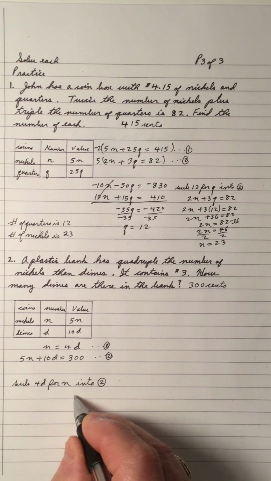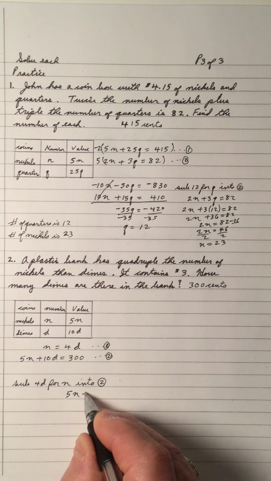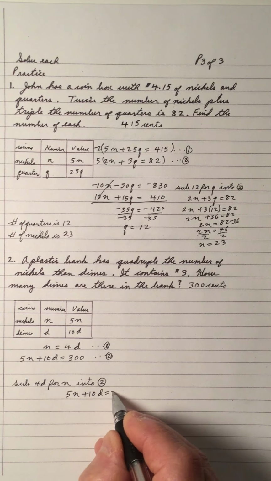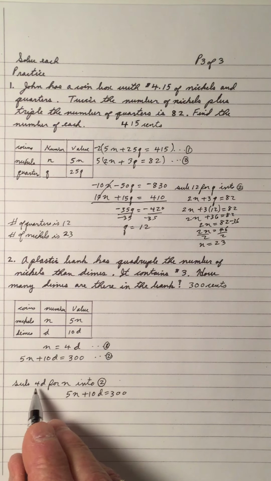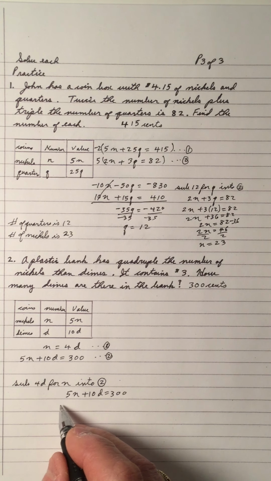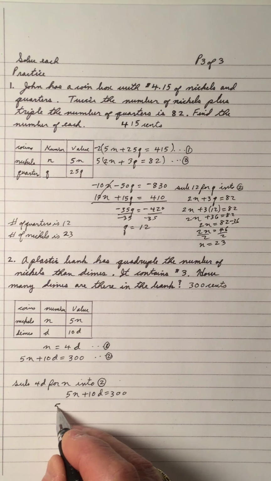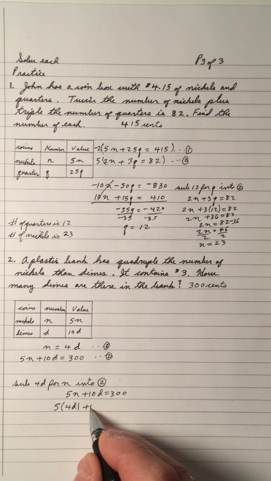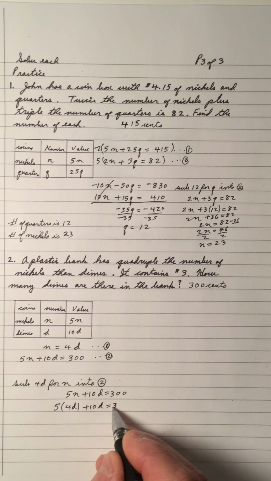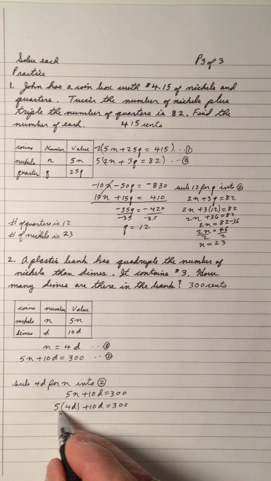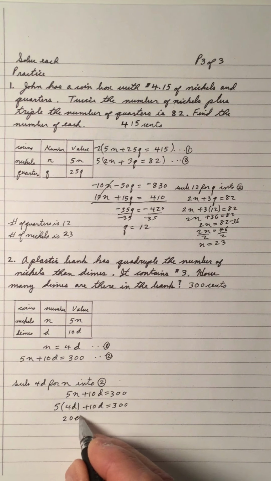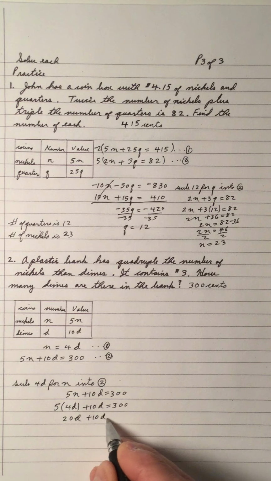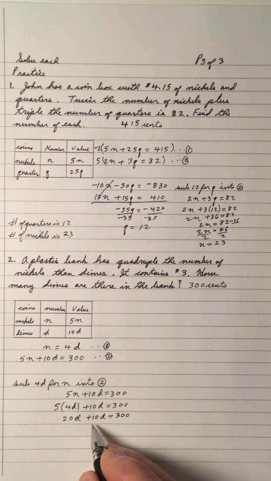Number 2 is 5n plus 10d equals 300. So 4d is going into place of n. That's done. So 5 times 4d is 20d. Add up, I get 30d.